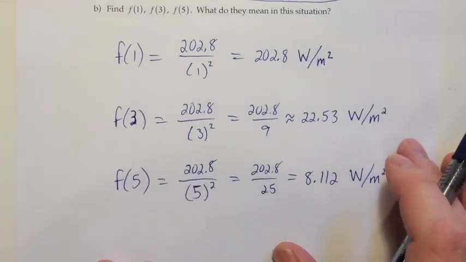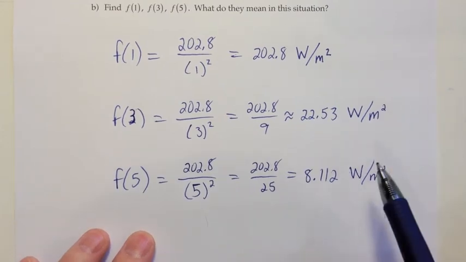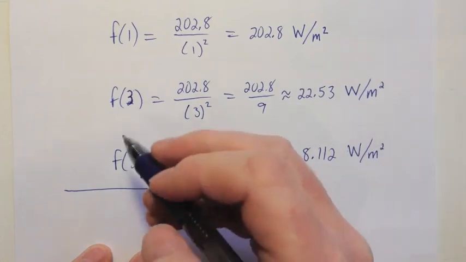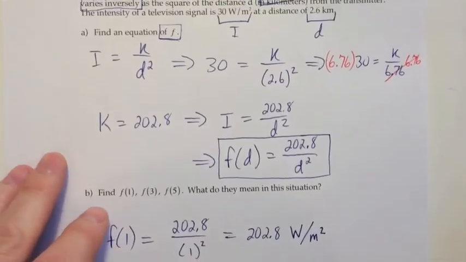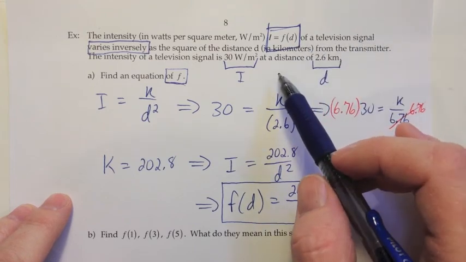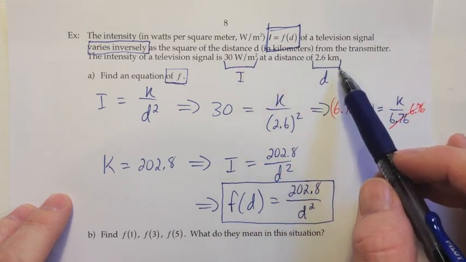And then as far as interpreting that goes, let me just pick one and do that. I'll do the f of 3 right here. So what does f of 3 mean? Well, what was the 3? The 3 would have been the distance. And so the distance in this problem is measured in kilometers.